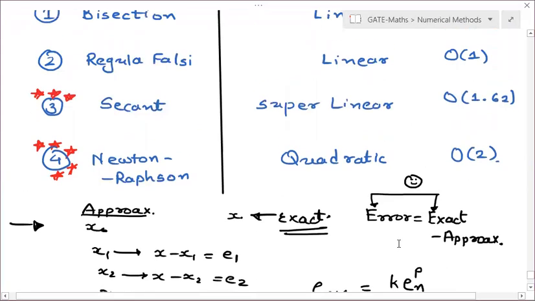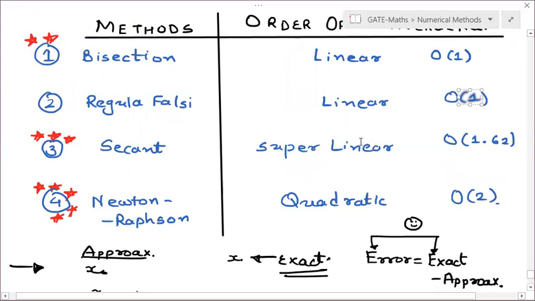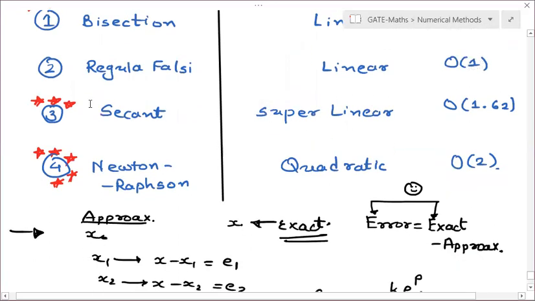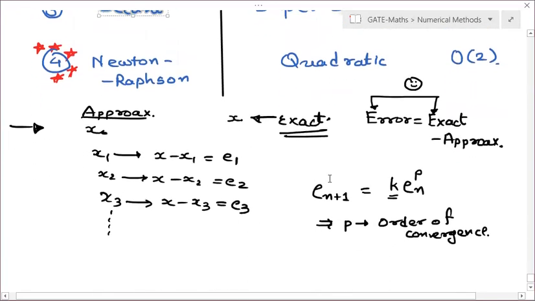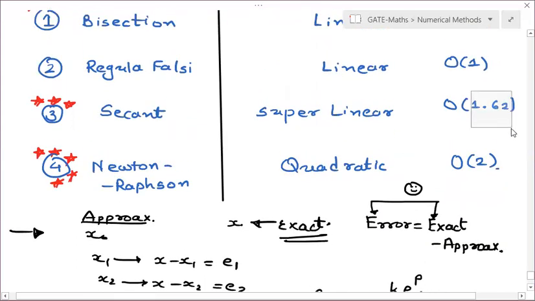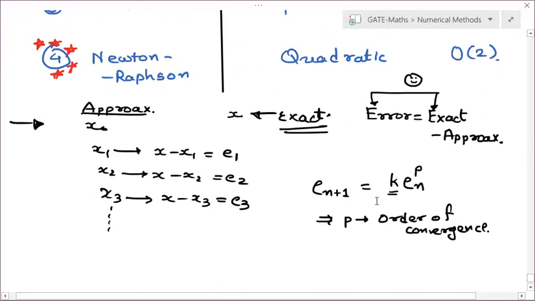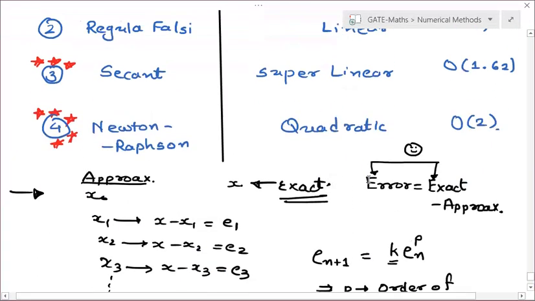So if you observe, in bisection and regula falsi, your next error will come as 1 power of previous error. And in superlinear, or I can say in the second method, your next error will come as something multiplied by 1.62 power of previous error. Okay, where this is your order of convergence.